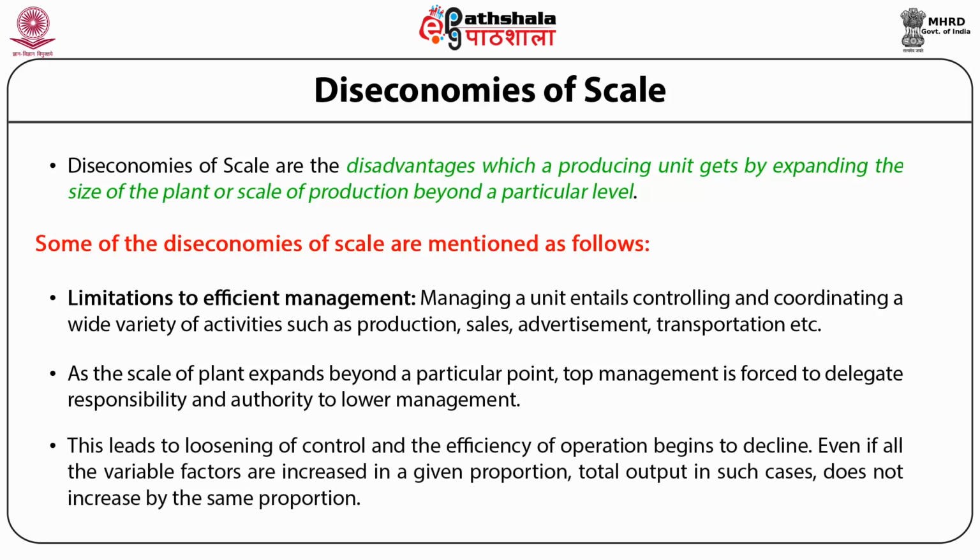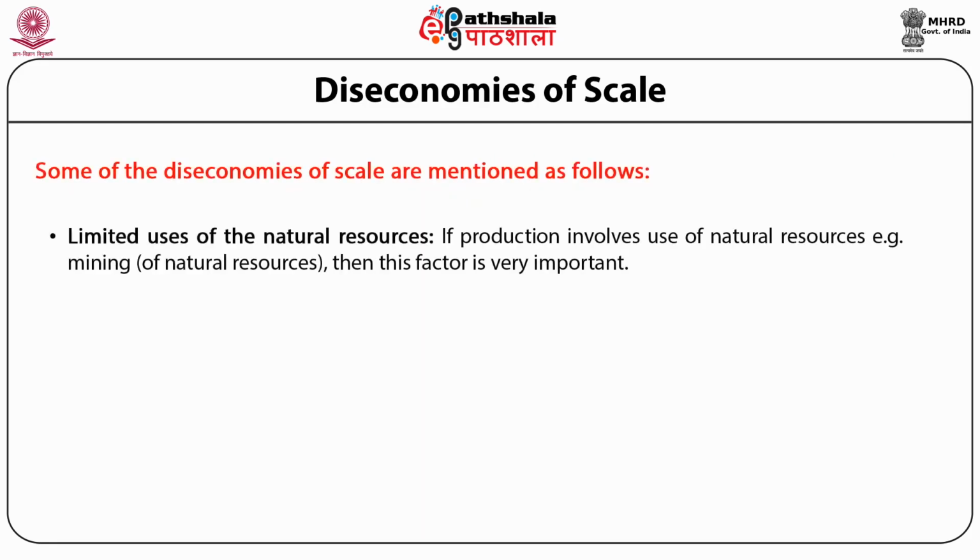This leads to loosening of control and the efficiency of operation begins to decline, even if all the variable factors are increased in a given proportion. Total output in such cases doesn't increase by the same proportion. Limited use of natural resources.